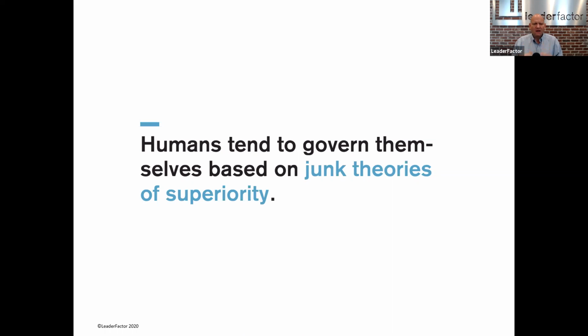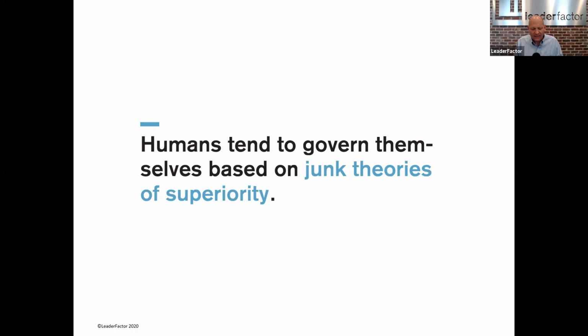Humans tend to govern themselves based on what we call junk theories of superiority. Well, what is a junk theory? A junk theory is a theory that's just not true. It's false. It's specious. And this is what we have been doing. This is how humans have governed their societies for millennia.